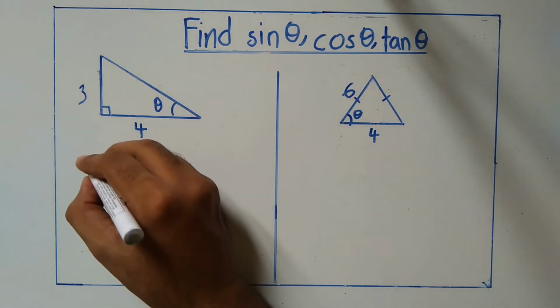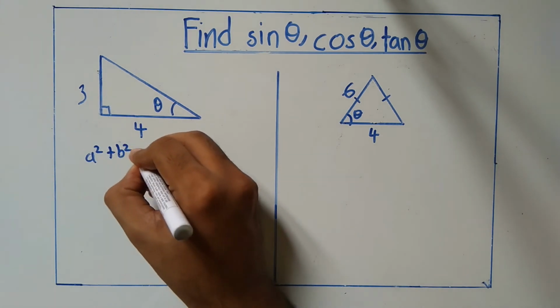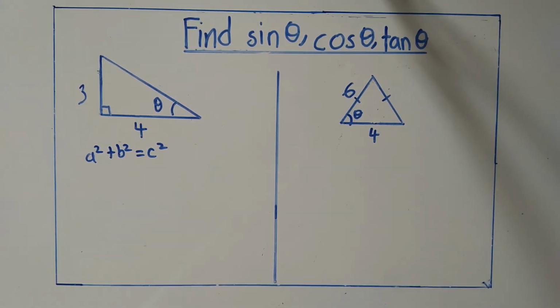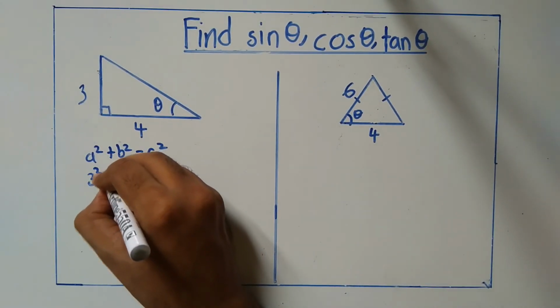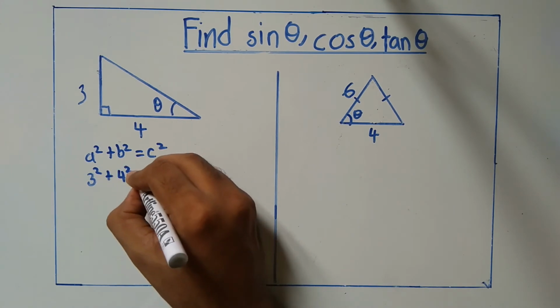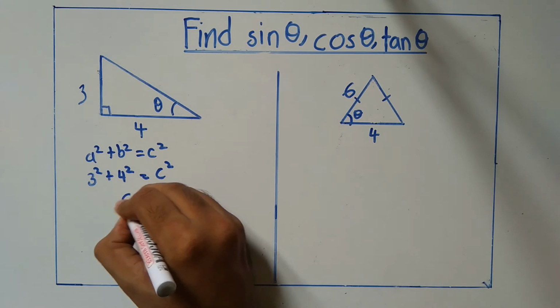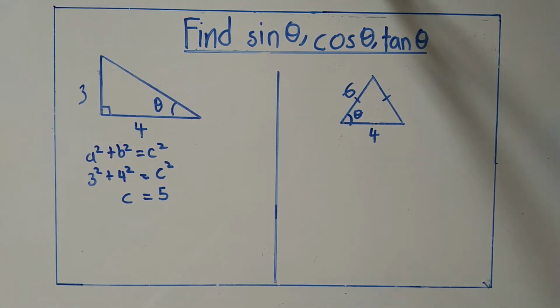Write down the formula and substitute the values to solve for the hypotenuse. We find that the hypotenuse is 5.